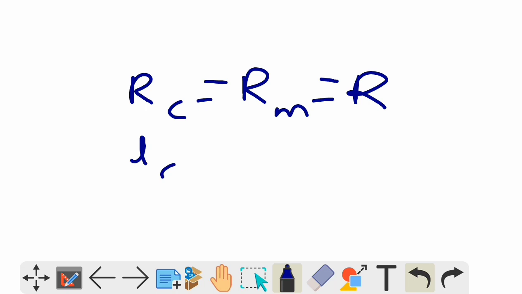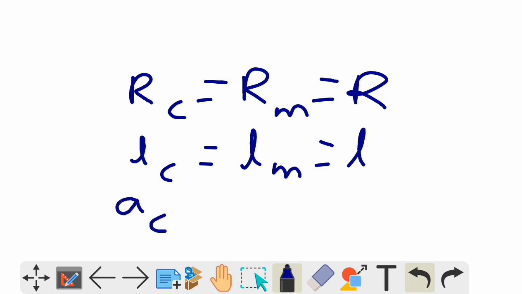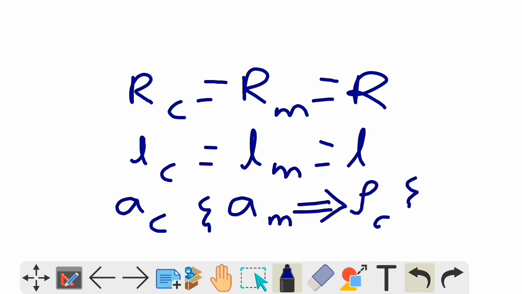In the same way, LC is equal to LM is equal to L. Understood? Now, AC and AM are different. So rho C and rho M are also different.